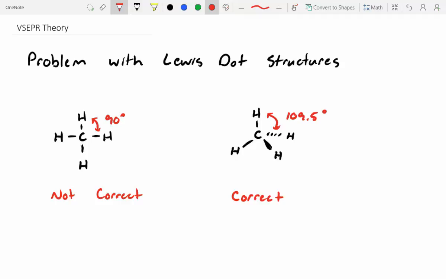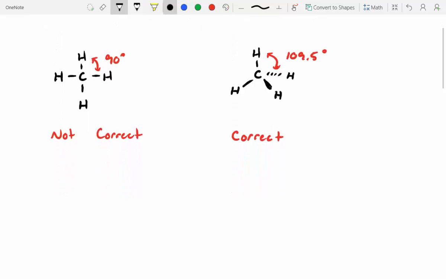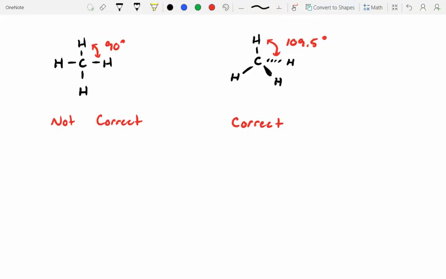And this is the VSEPR model that we're talking about. The reason that we adopt this conformation is that electrons want to be as far apart from other electrons as possible.